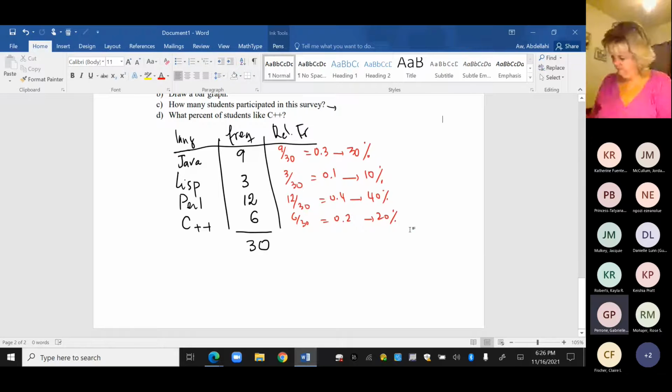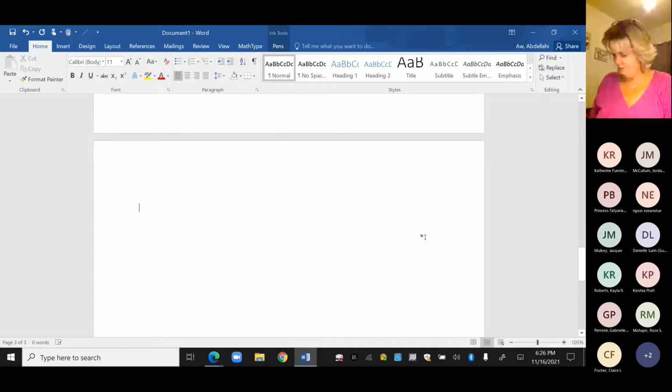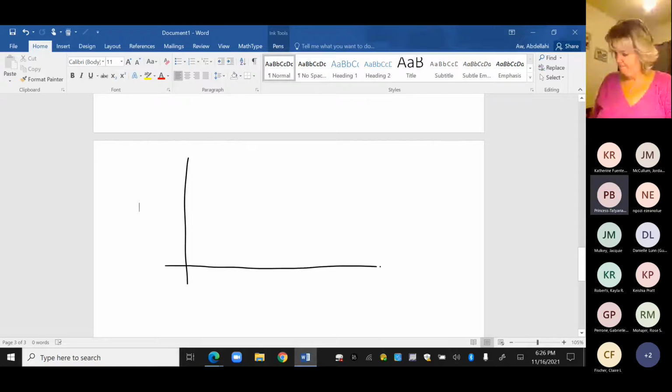So, just to do it more correctly, we're going to draw this. We have Java here, we have Lisp, we have Perl, and we have C++.